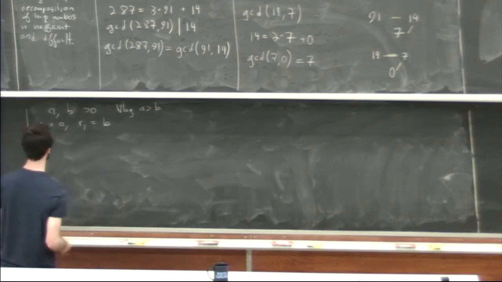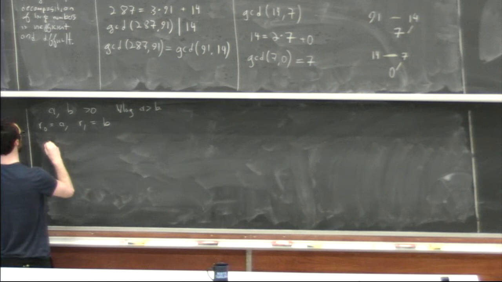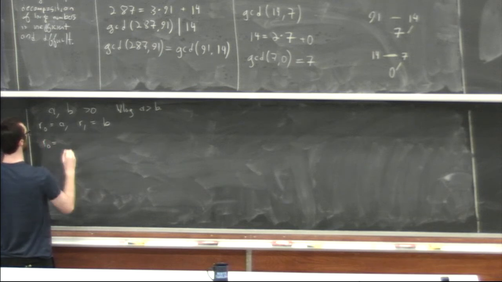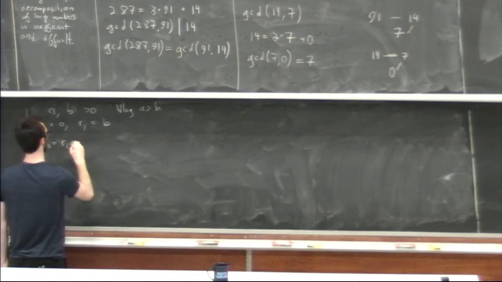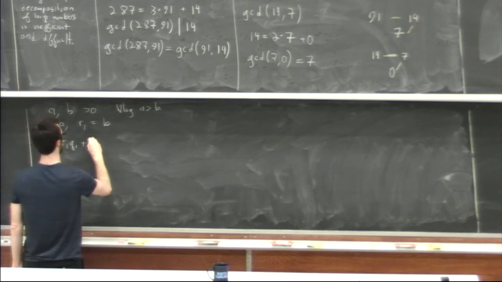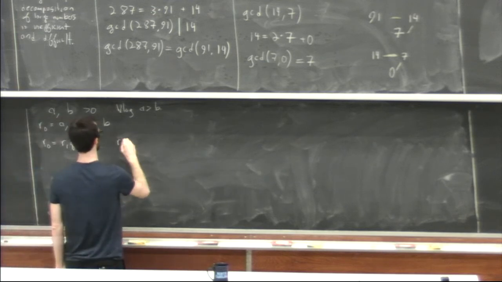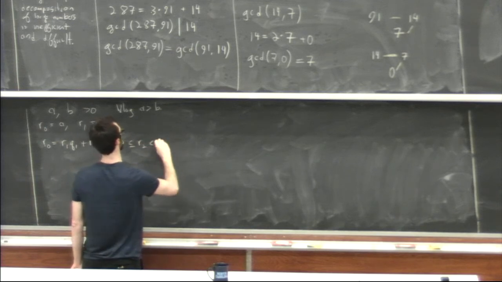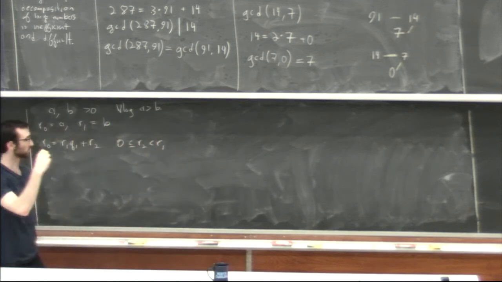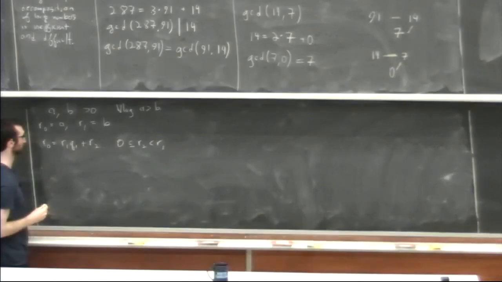So the division algorithm says I can always find R0 is equal to R1 Q1 plus R2, where now R2 is greater than or equal to 0 and less than R1. Right? So I've reduced by one step.